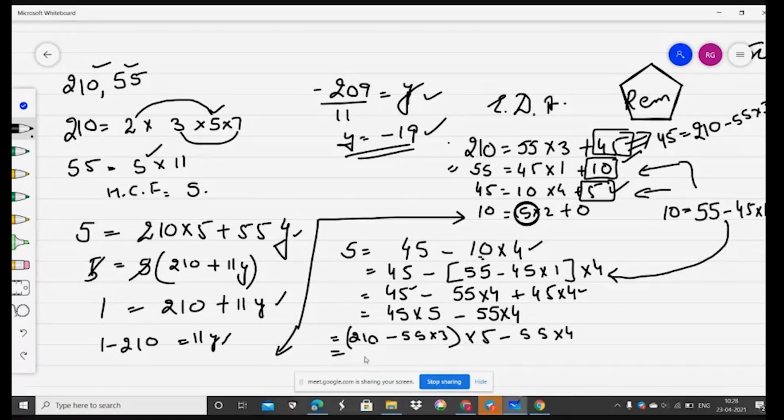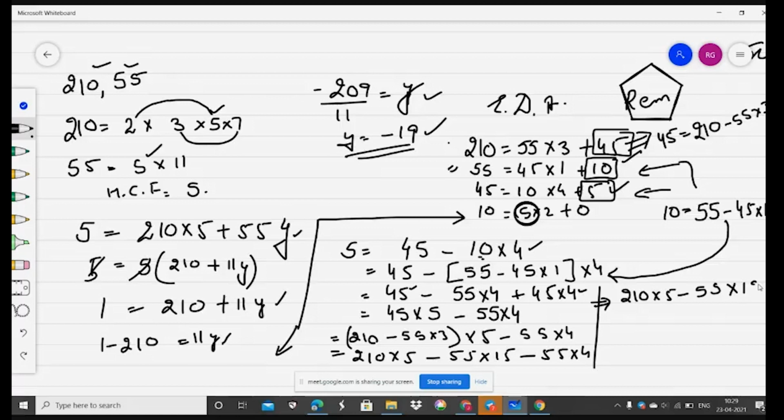Now this is equal to 210 into 5 minus 55 into 15 minus 55 into 4. Now this can be rewritten as 210 into 5, no need to calculate, minus 55 into 90.